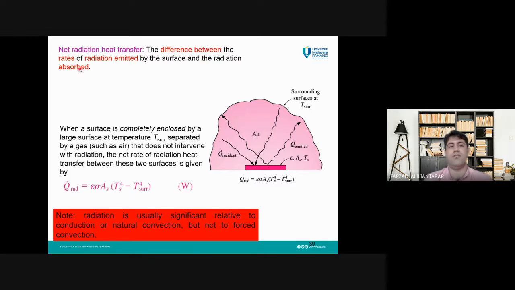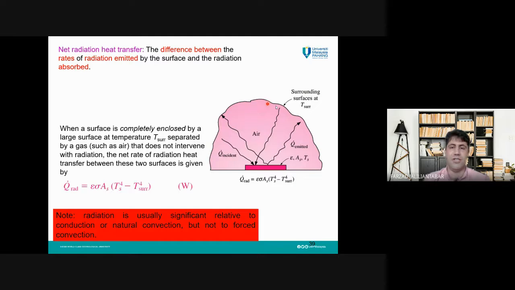The difference between the rates of radiation emitted by the surface and the radiation absorbed is the net radiation heat transfer. And simply we can calculate, imagine, we usually imagine that our surface is covered by a bigger surface like this, which we call the surrounding surface, at which the temperature is T surrounding.